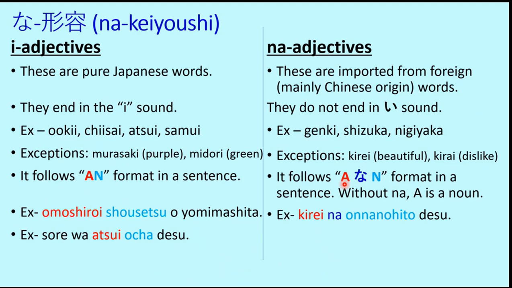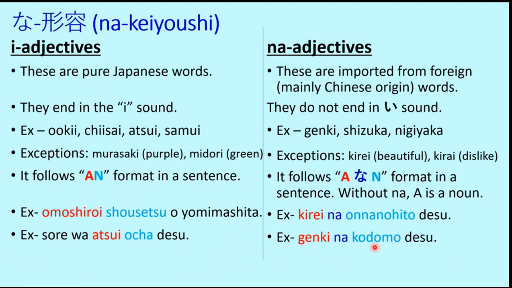For example, kirei na onna no hito desu. We can't say kirei onna no hito desu. Kirei na onna no hito desu. This is how we connect the na adjective with the noun through na. Genki na kodomo desu. Here, if we don't use na, then genki will be treated as a noun. If we get this kind of format, genki na kodomo, then it is implied that genki is an adjective and kodomo is the noun.